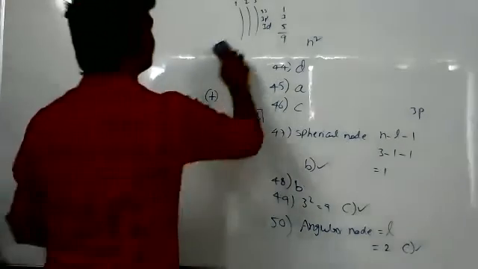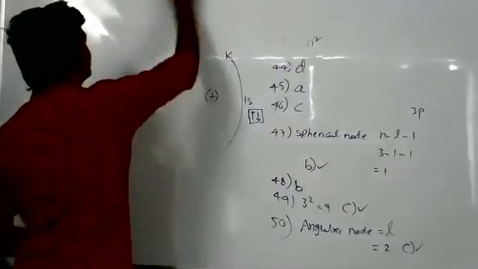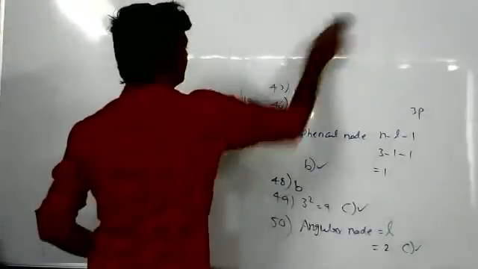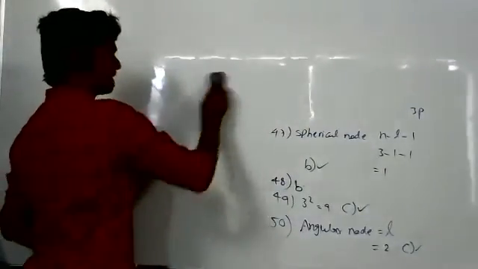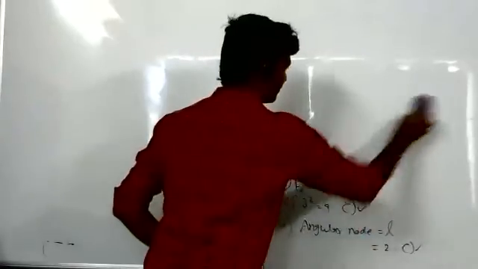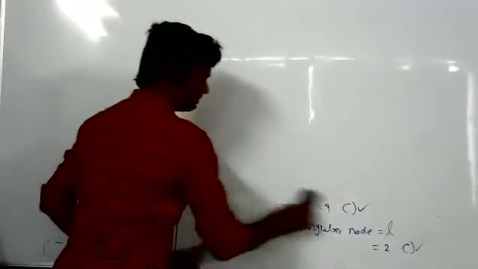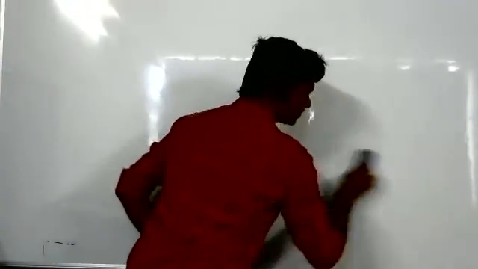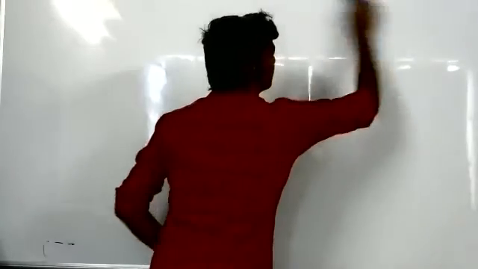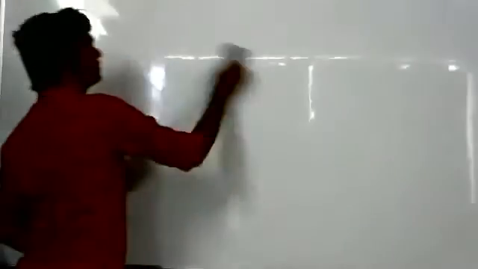Next, Nagabhushanam. Question number 51. The Z component of angular momentum of an electron in an atomic orbital is governed by: A. Magnetic quantum number, B. Azimuthal quantum number, C. Spin quantum number, D. Principal quantum number.